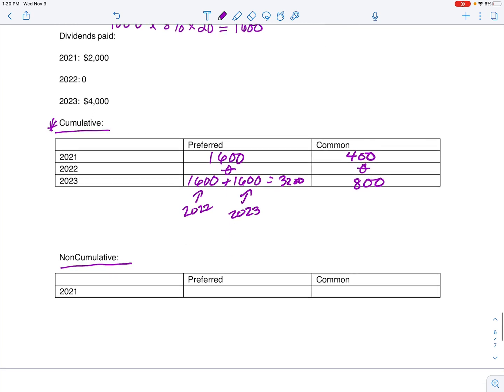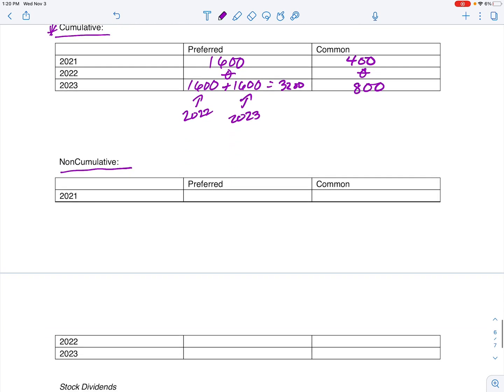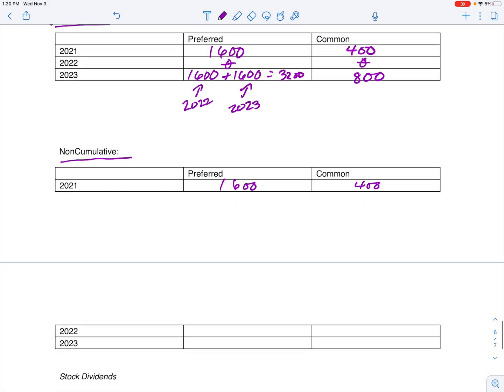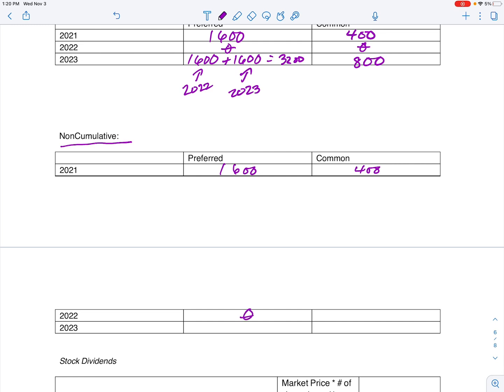If your stock is non-cumulative, that means in 2021, same thing's happening. In 2022, again, we're getting nothing. In 2023, that means that I don't have to account for those other years.